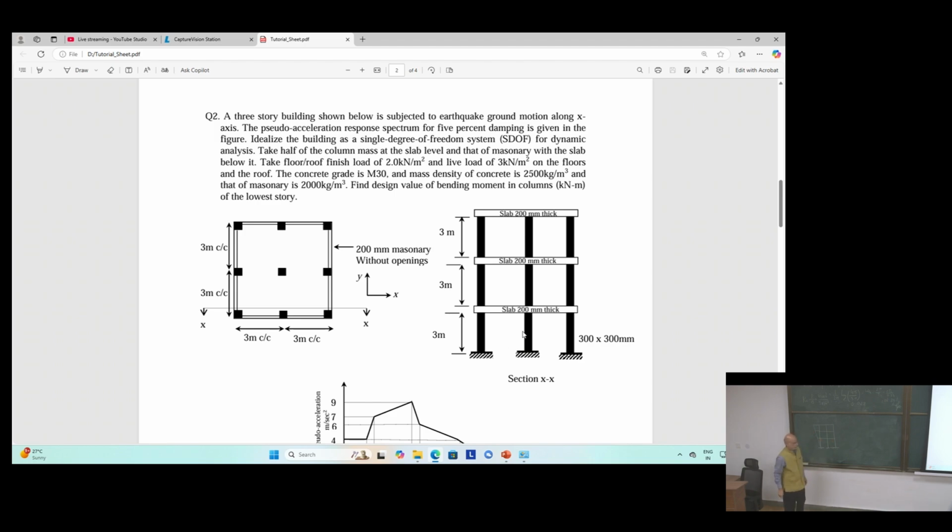So likewise you can do it. So this is a particular shape in which you can apply a load.